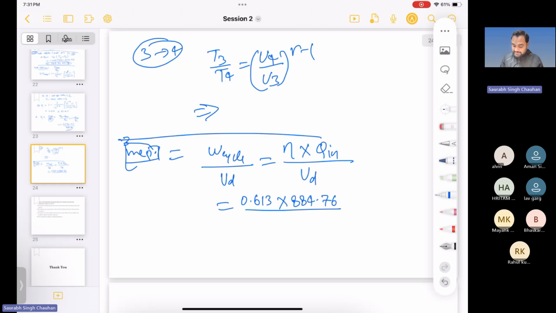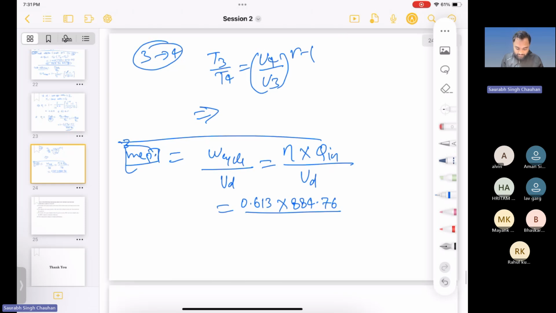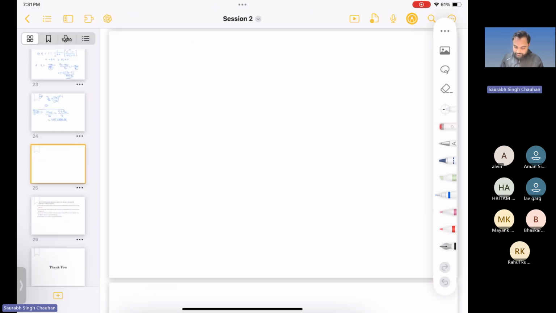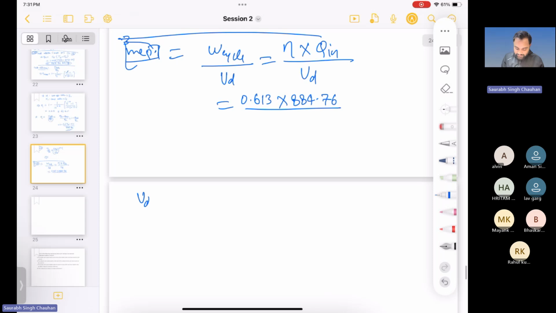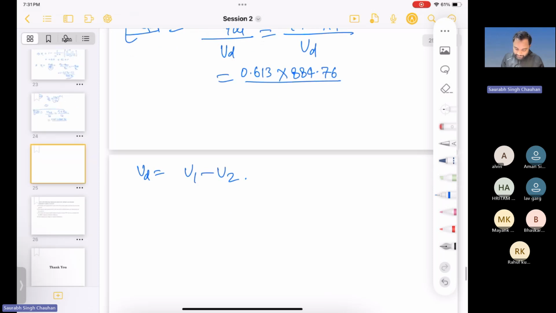Now we need to find the displacement volume. For displacement volume, we will have to use the ideal gas equation, right? Vd will be equal to V1 minus V2, and at point 1 you can use the ideal gas equation, right?